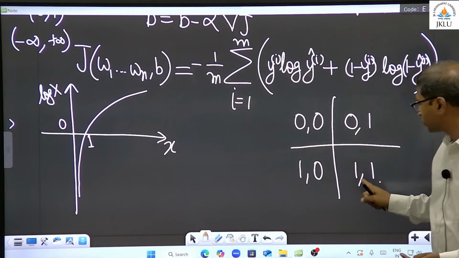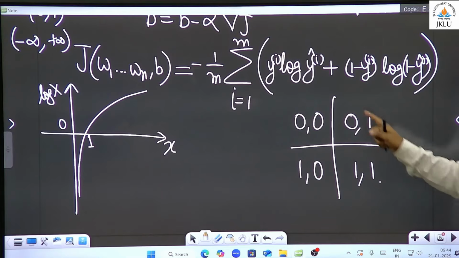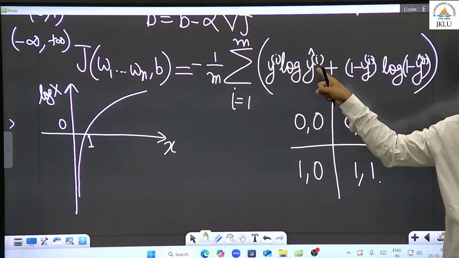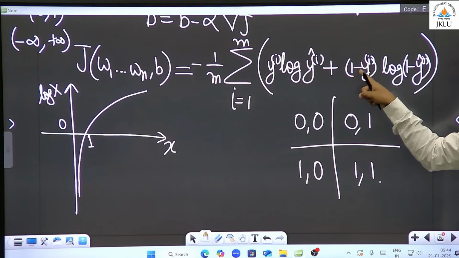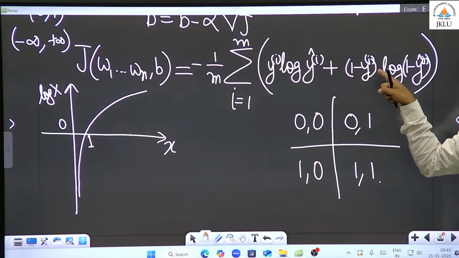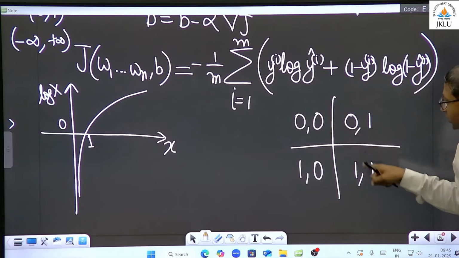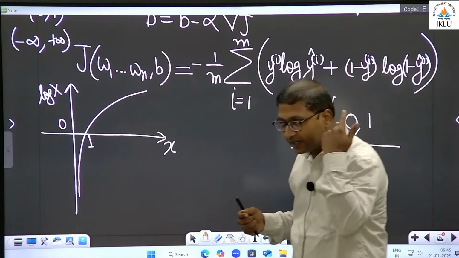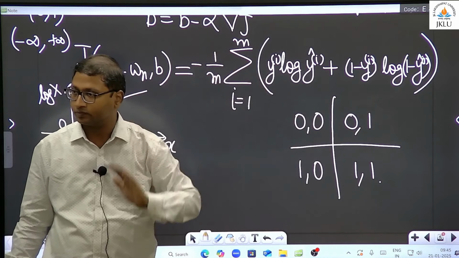If the answer is 1 and my prediction is 1, how much penalty do I get? 1 log 1 will be 0, and here you will have 1 minus 1, so that will give me 0. I don't care what this is. So when the answer is correct and my prediction is the correct answer, I get penalized 0.